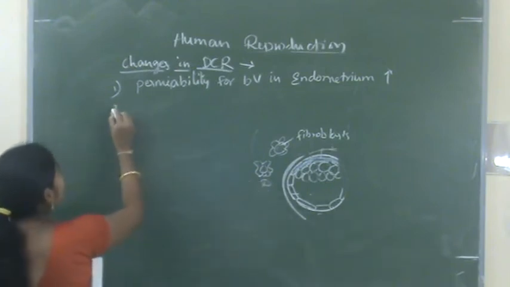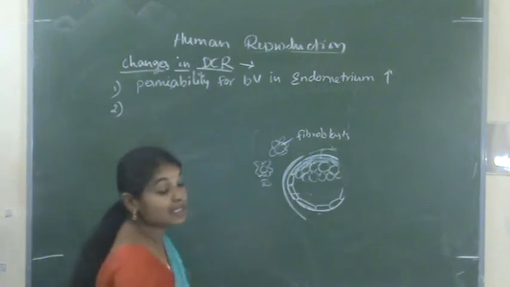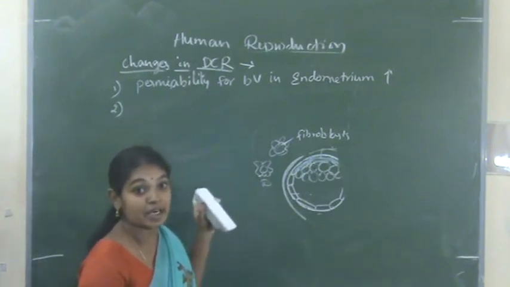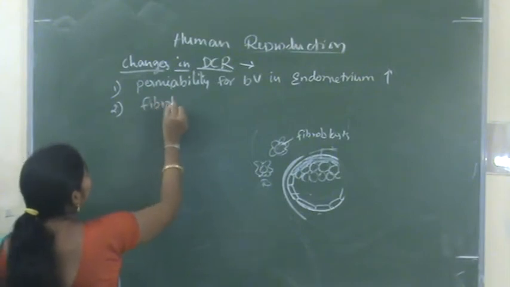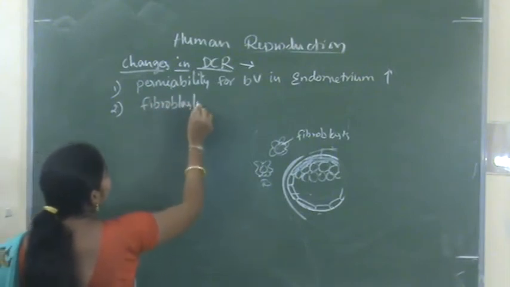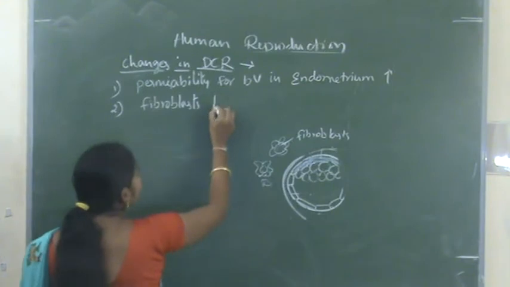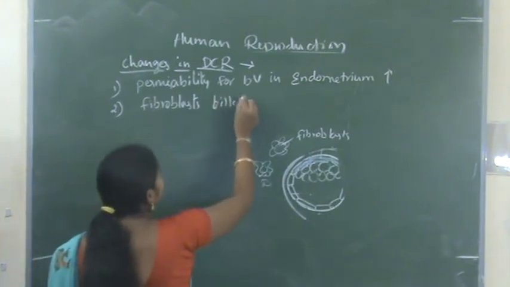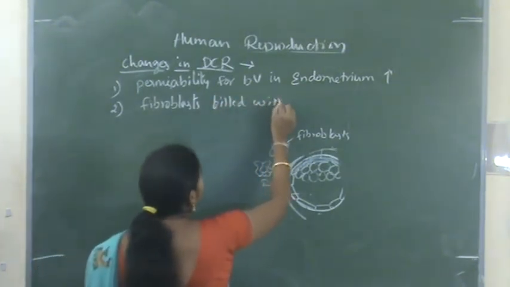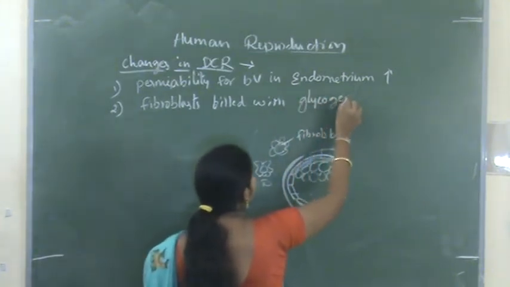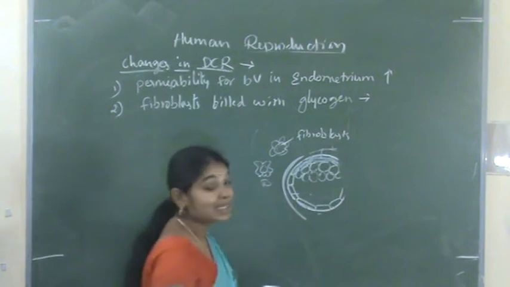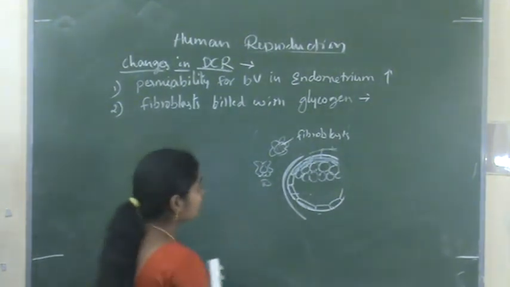So the second change during this decidual cell reaction is that the fibroblasts become filled with glycogen. So now these cells are known as glycogen filled cells.